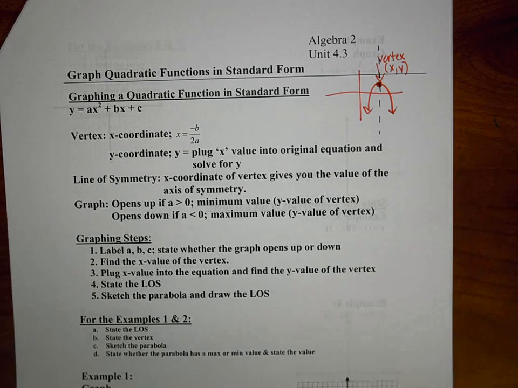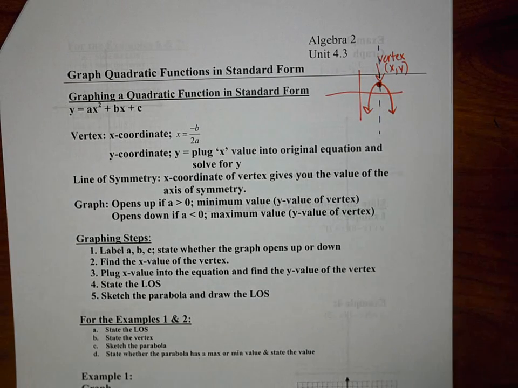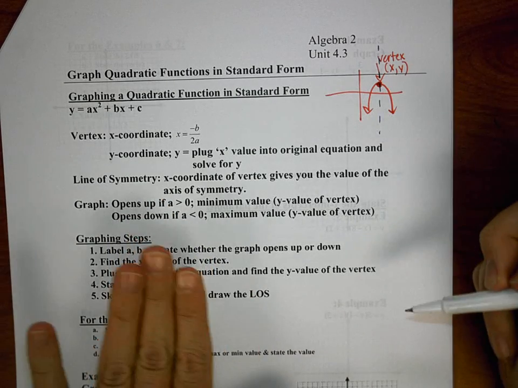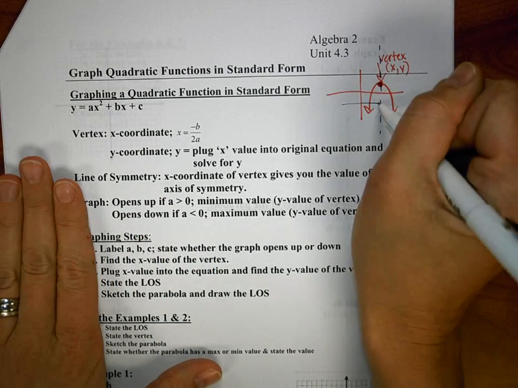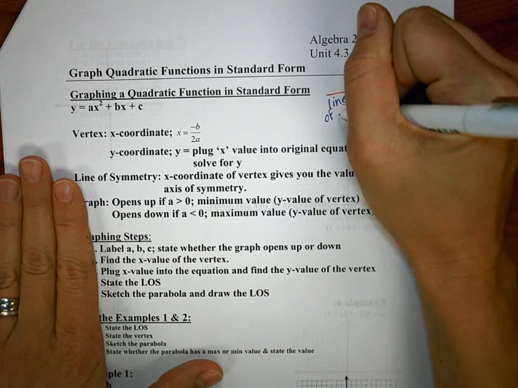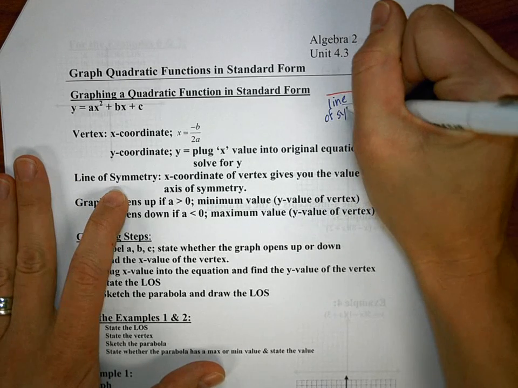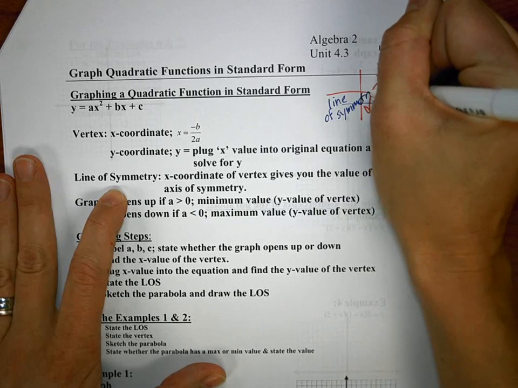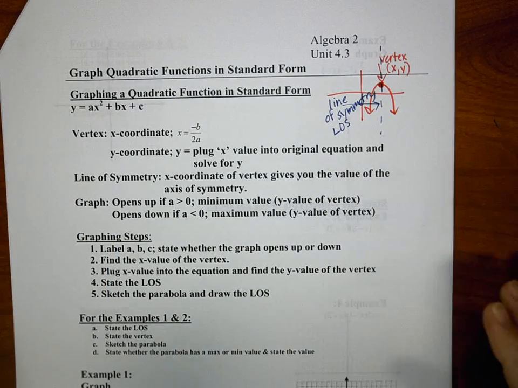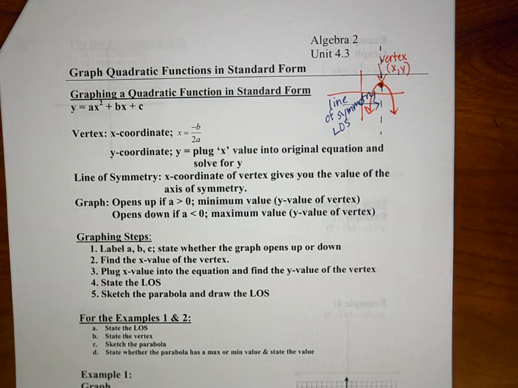Parabolas are also symmetrical. And through the vertex, this is called the line of symmetry. We will often abbreviate that as LOS, line of symmetry.